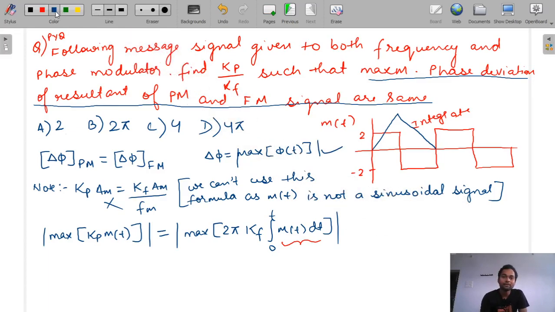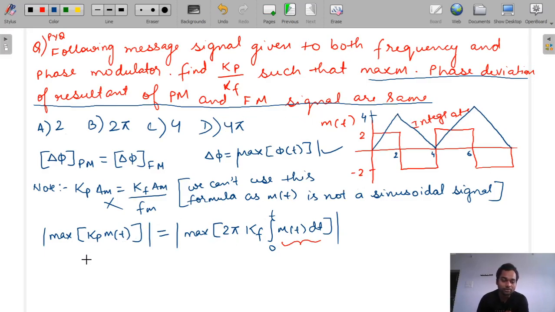So it will have a slope like this. If the slope is 2, and this point is 2, 4 and 6 here, then this point will be 4, 2 into 2, 4, and this will also be 4. So this is the integration.